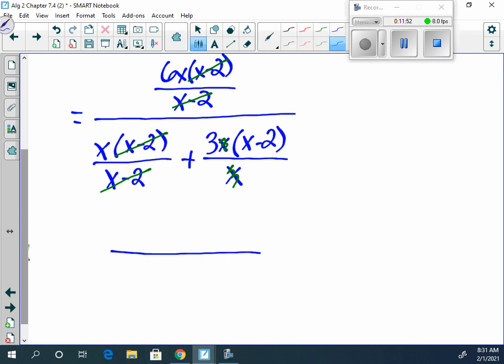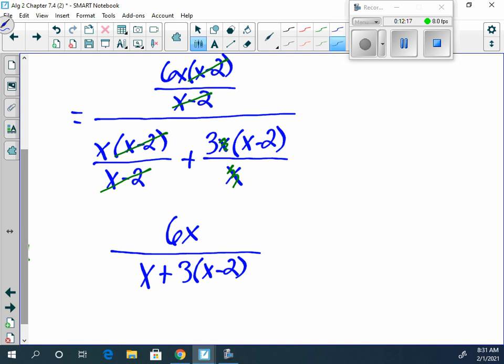Well, in the numerator, I just have 6x, yes? Let's see what happens in the denominator. Well, the first one, I just have x plus 3 times x minus 2. Wait a minute, what happened to the fractions in the top and bottom? They're gone. We simplified them out, yes?